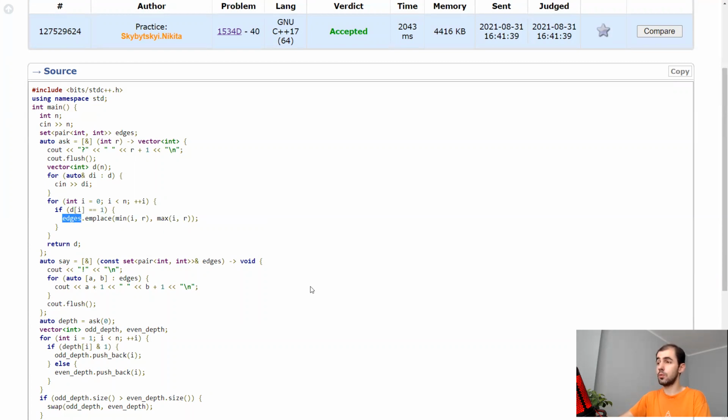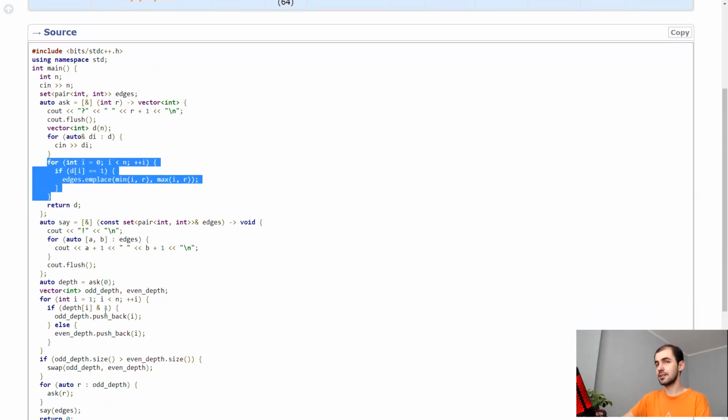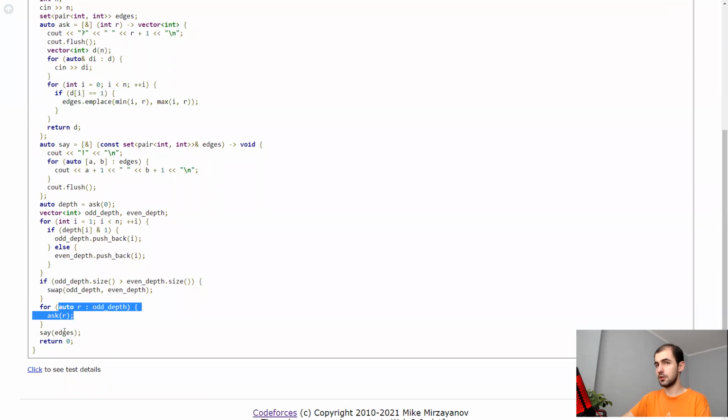We are not going to do any processing afterwards. This is, of course, not a very good modularization of the code, because this function has an extra purpose of not only asking for input but also filling the set of edges. But who cares in competitive programming, right? If you can do it once here instead of doing it both here and here, then why not?